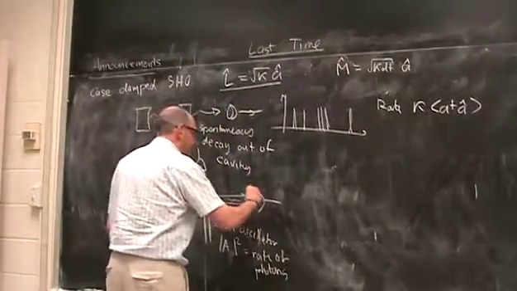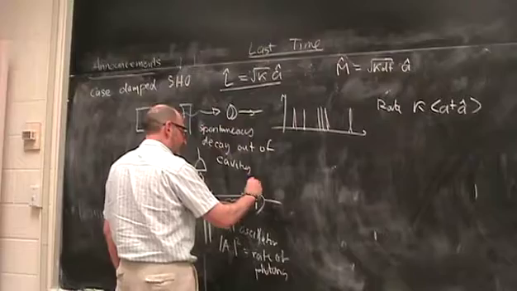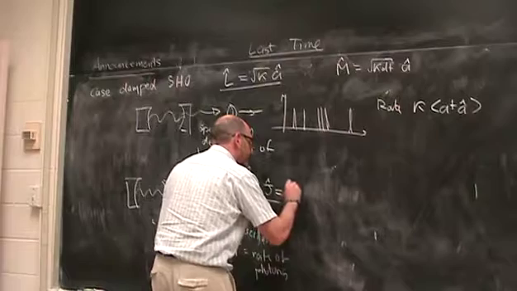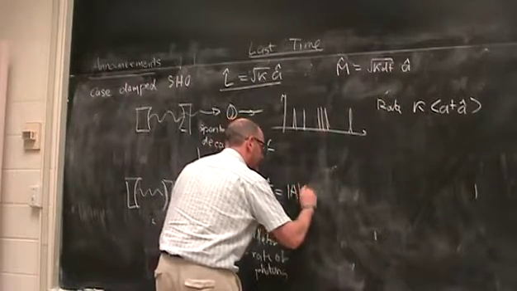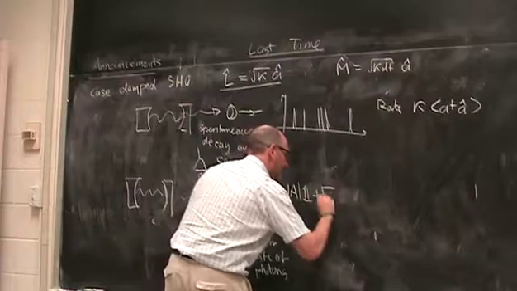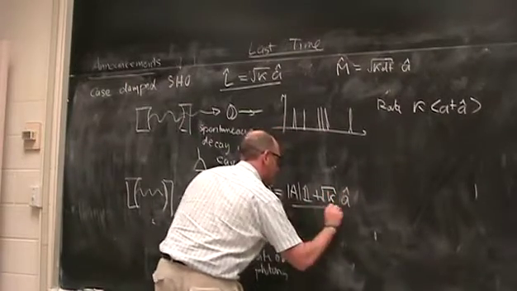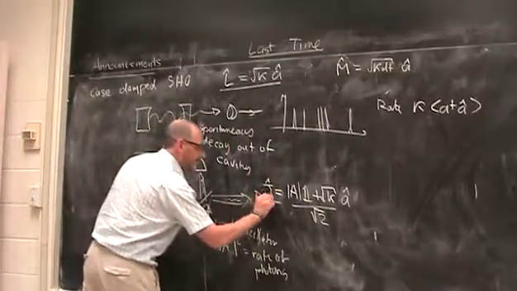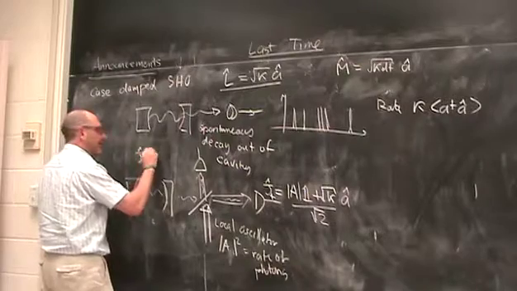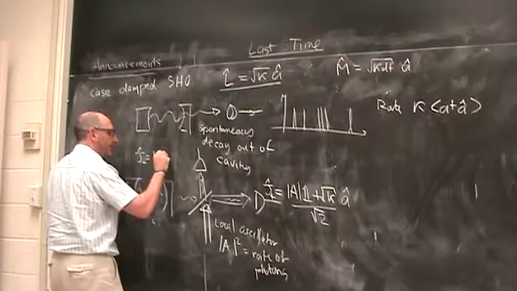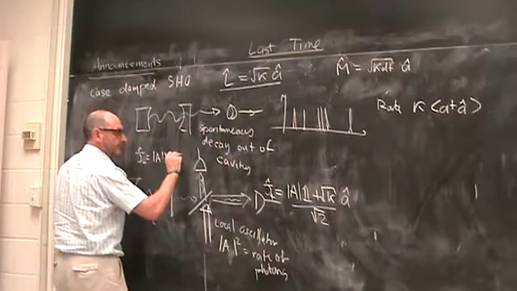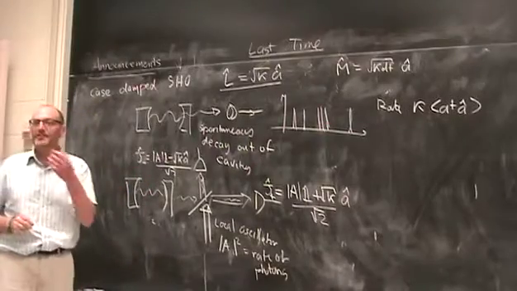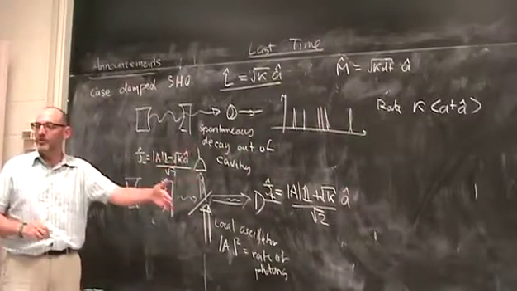So what we end up with are new Kraus operators, or Lindblad operators, which are the interference between the local oscillator and the signal that is incident upon it, with a sign plus or minus that depends on whether I have reflection or transmission.